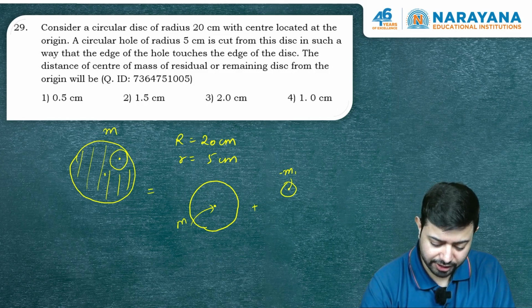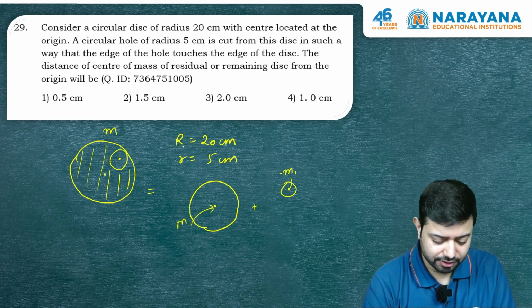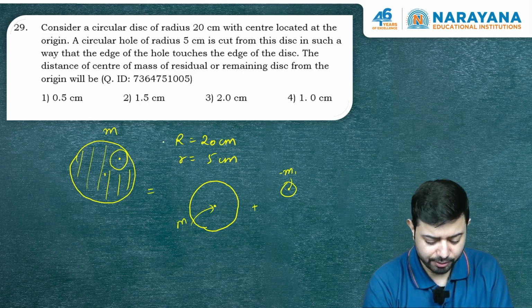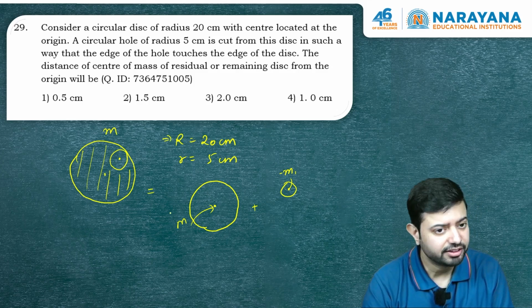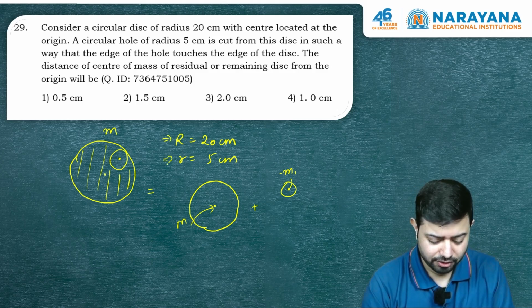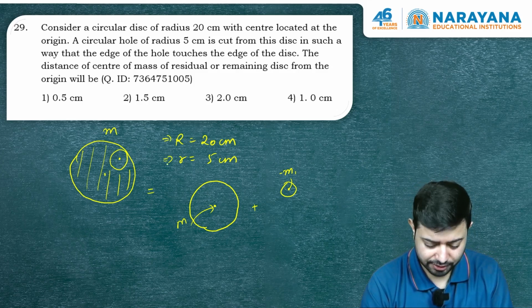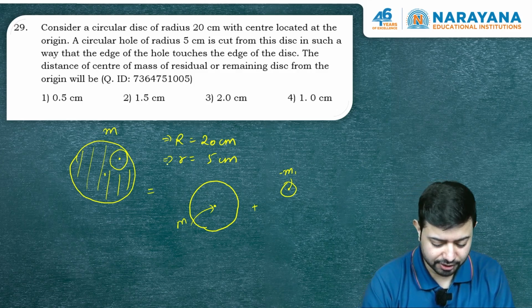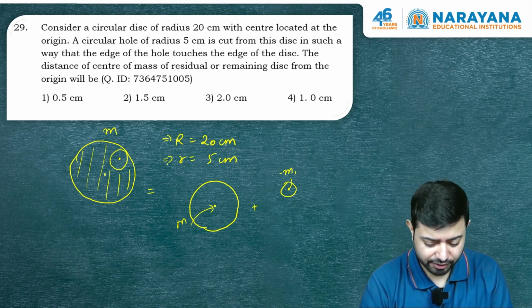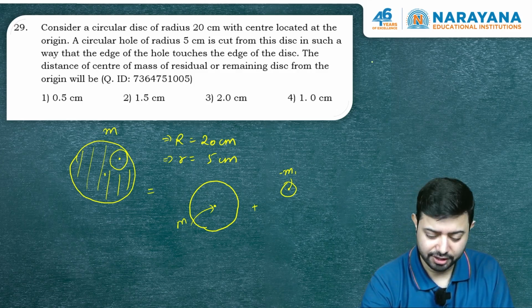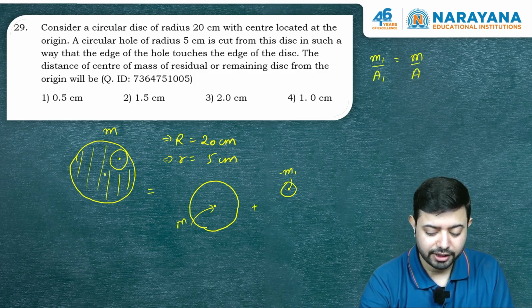And I need to find now what is the value of m1. So, what are the radii first of all? I think you can see it easily. What is capital R? 20 centimeter, small r 5 centimeter, right. So, now if I talk about the mass, how will you write it down? M1 by the area of it should be equal to total mass by total area.